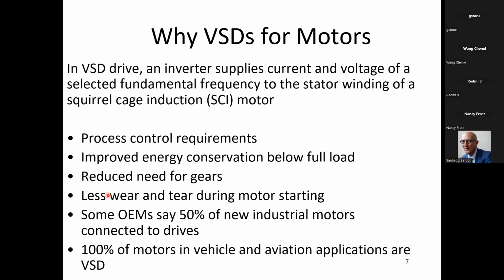Think manufacturing paper from pulp and paper mills, where the process itself inherently likes to be sped up or slowed down. And so this helps with process control and output control and those things. So that's basically the primary reason why variable speed drives have been applied in industrial applications.